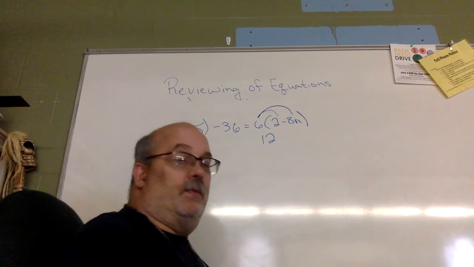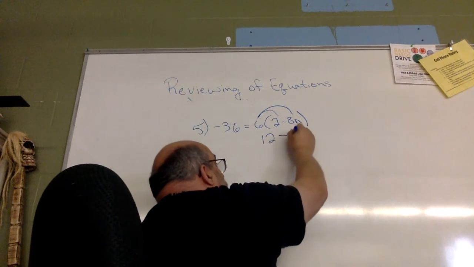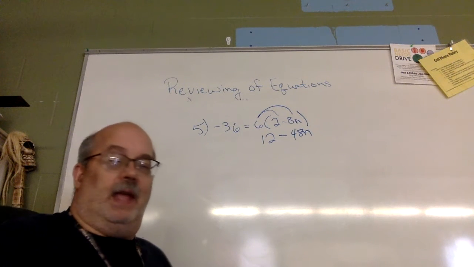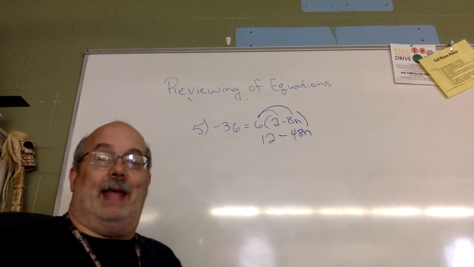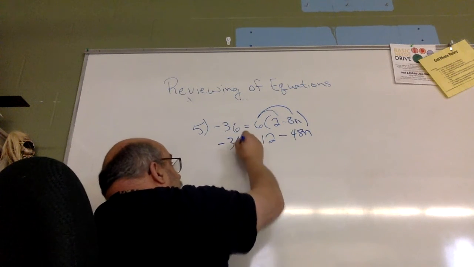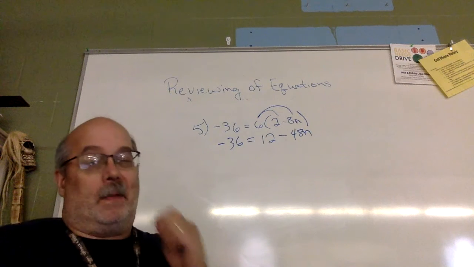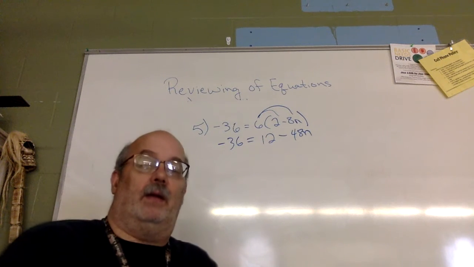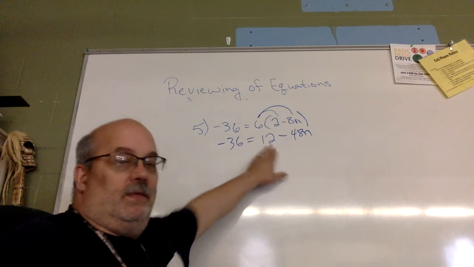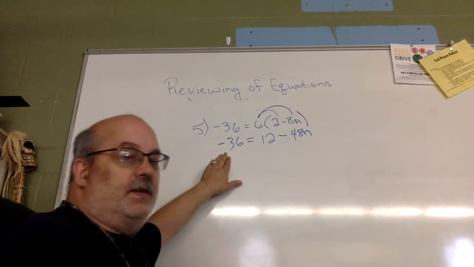Six times 2 is 12. And 6 times negative 8n is negative 48n. This is equal to negative 36. The next thing we want to do is add or subtract. So we want to get the 12 over to the negative 36.